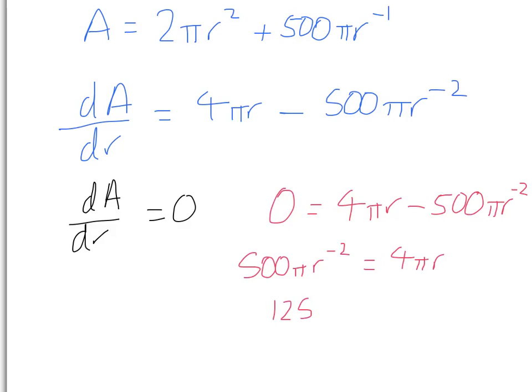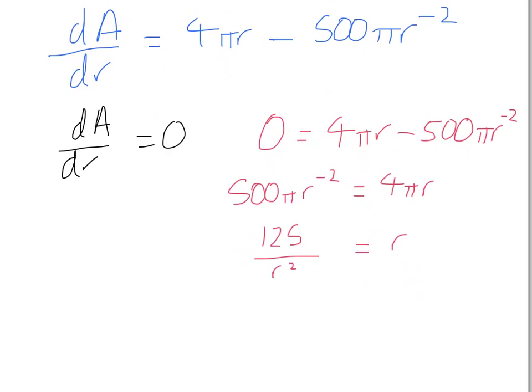If we change this r to the power of minus 2 to 125 over r squared, and that's just equal to r, because remember we divided through by the 4 pi. Next step is to multiply both sides by r squared, so we're left with 125 is equal to r cubed. So that means r is equal to 5.